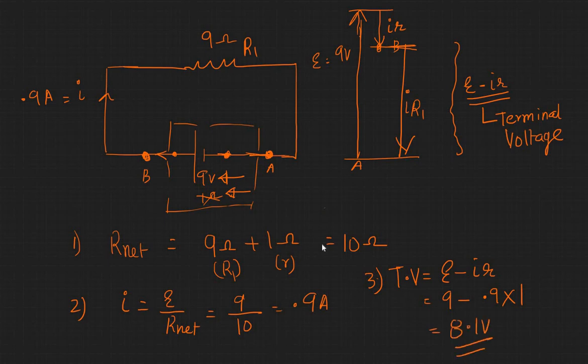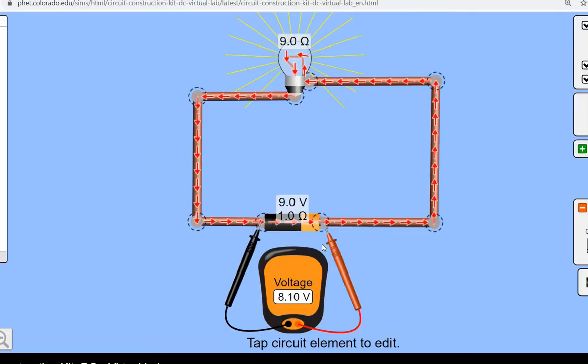That is what is available, and that will be exactly what is consumed by that resistor also. So if you multiply 0.9 by 9, you will get 8.1, which is the same as the terminal voltage. Let's go back to the simulation. There you go. So that's your 8.1 volts.